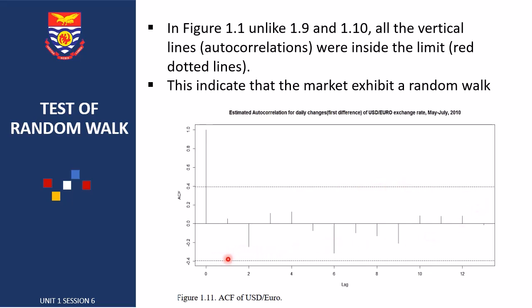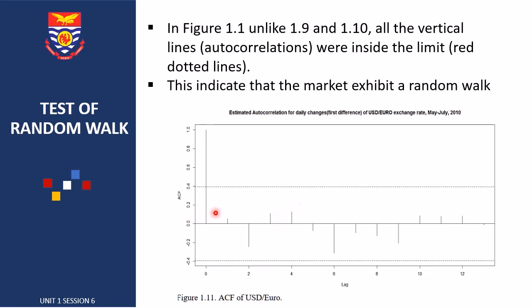In the previous figures, that is figures 1.10 and 1.9, we rather saw that these vertical lines were outside these boundaries, which indicates that the asset exhibits serial correlation or autocorrelation.